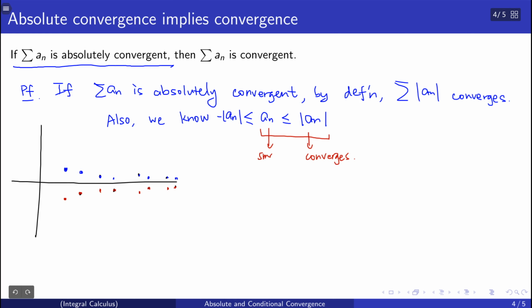And on the left, I have something that's smaller. Therefore, that should converge. But wait. Remember that to use the comparison test, we need positive series, we need their terms to be positive before we can compare them. So let's make the terms positive. Let's add the absolute value of a sub n to everything here.